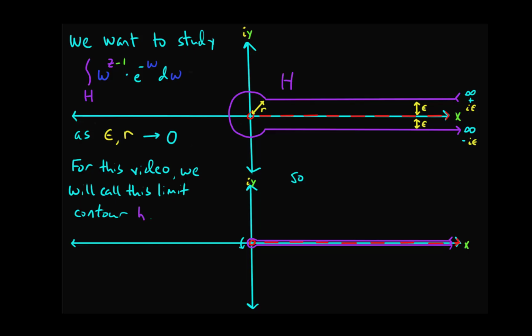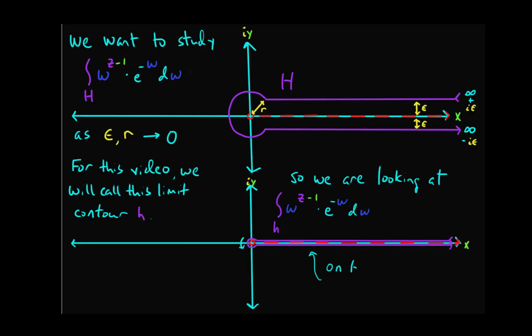And so what we'll then be evaluating is the contour integral over lowercase h of the function w^(z-1) times e^(-w) dw. And once again, this contour lowercase h is the contour where we're taking the limit as epsilon and r both approach 0. So let me redraw our coordinate axes because we'll need more space here. And I'll label these axes x and iy.